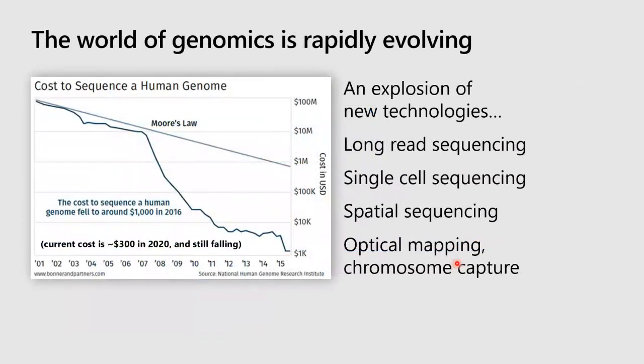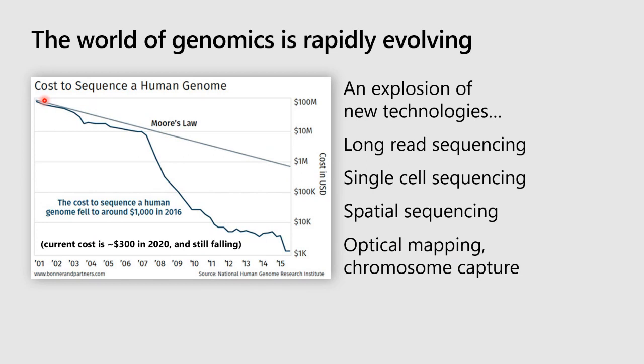This service is currently available, but it does one specific pipeline. And the world of genomics is rapidly evolving. First and foremost, if we look over the last 15 years or so, those of you familiar with computer science will know the term Moore's Law.